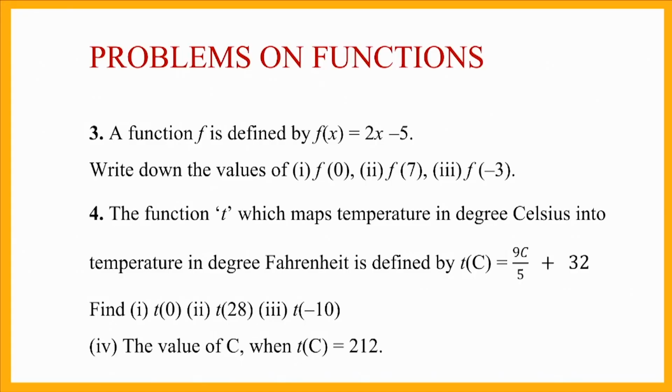Let us move to the next problem. A function T which maps temperature in degrees Celsius into temperature in degree Fahrenheit is given. How it is given? He has given it as T(C) equal to 9C by 5 plus 32.